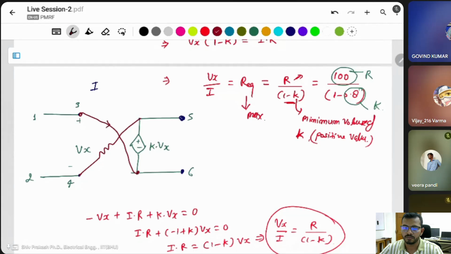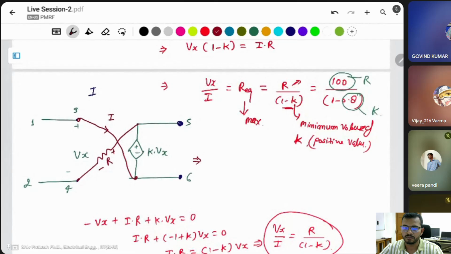Let's check what happened in this case. Current I is flowing like that. There is some confusion, I think, in the question. It does not clearly say where you can connect. In this case, first one is minus of k into Vx, then plus of I into R, then this will be minus of Vx. But there's a problem in this question.